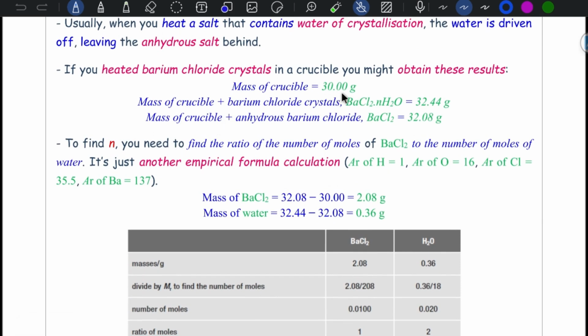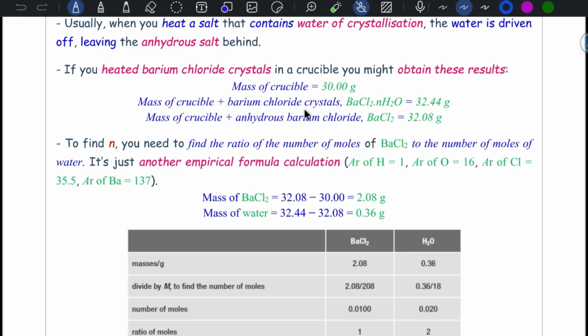Mass of empty crucible, 30 gram. Mass of crucible plus barium chloride crystals with water, you don't know exactly how many molecules of water are in the formula, is 32.44. And mass of crucible with anhydrous barium chloride, 32.08. Subtracting this one from this one will give the mass of water.